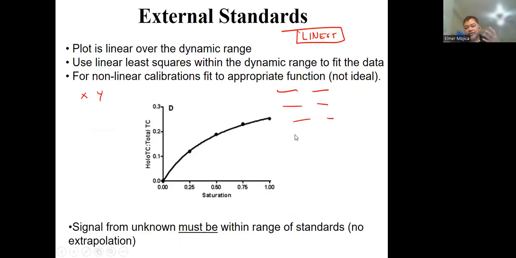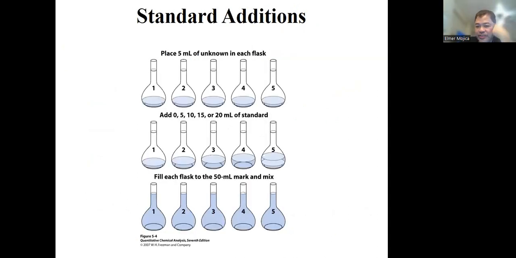So this is just one calibration method. Now, if you have a matrix effect, standard addition is the best thing. And again, standard addition can be single or multiple.